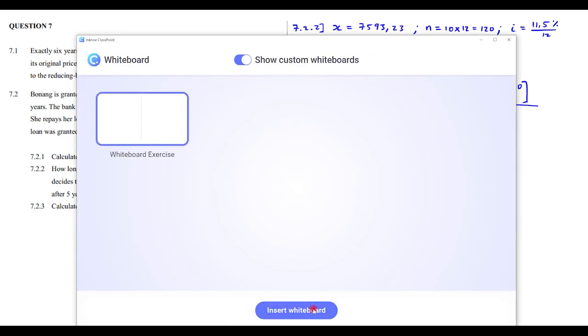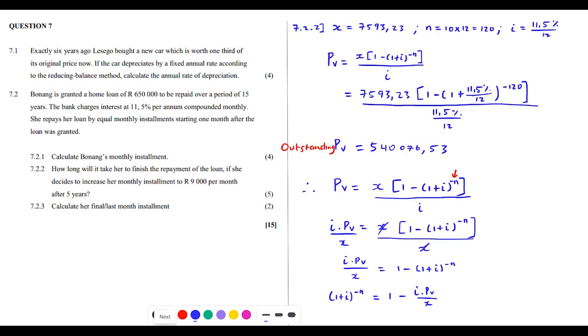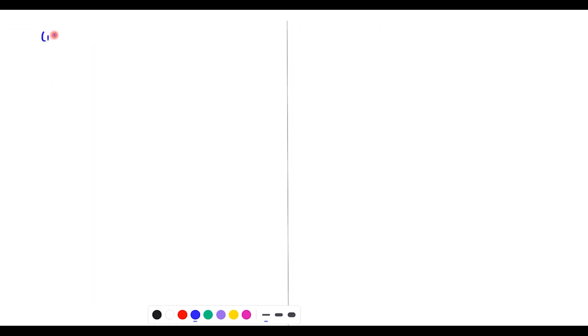And then we see here from the previous part, we had (1 plus i) to the minus n as 1 minus i times PV over x. And from here, I want to have the exponent.